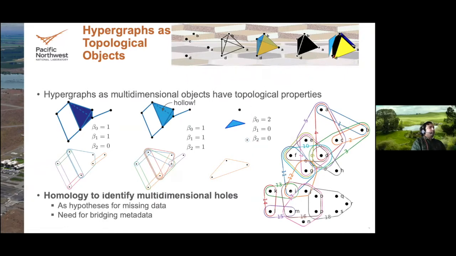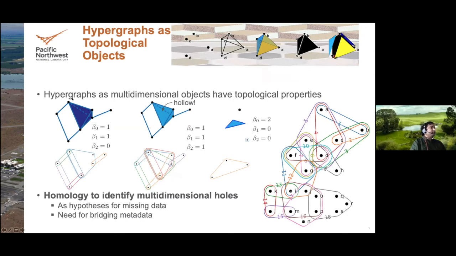What we are interested in here is, given a data set, we first model the data as a hypergraph, and then we want to find out if there are any holes there, whether one-dimensional, two-dimensional, or three-dimensional holes, and what the associated data or metadata are that can be correlated somehow.